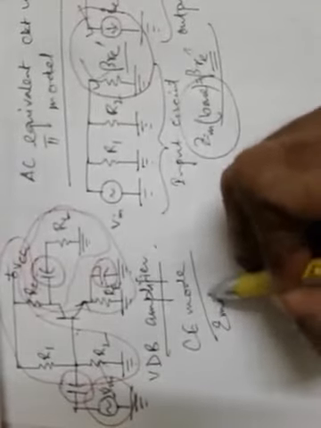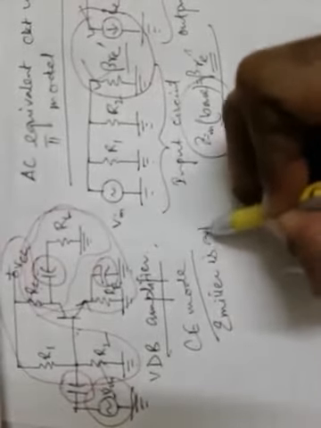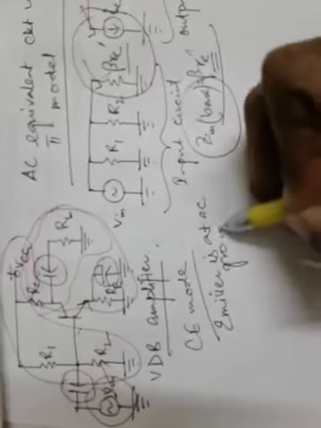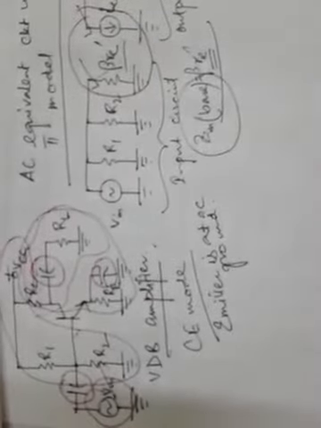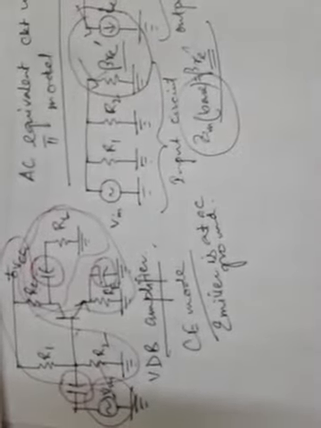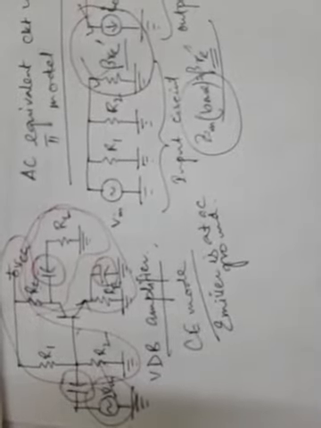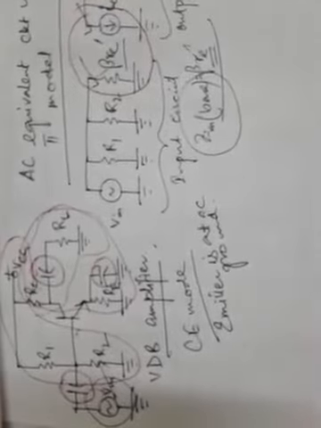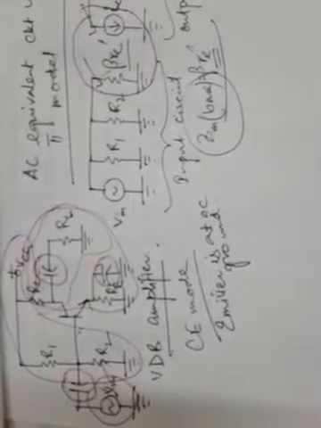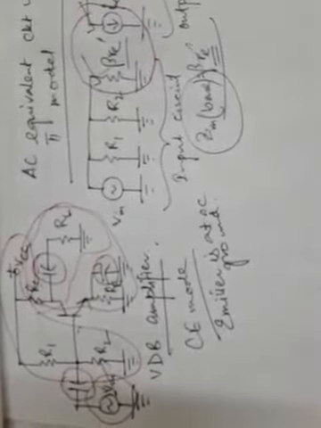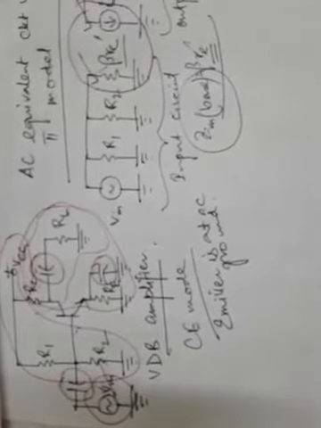With a common emitter amplifier, the AC signal is coupled into the base and the amplified signal appears at the collector. That means the input is given between base and emitter, and the output is taken from collector and emitter.